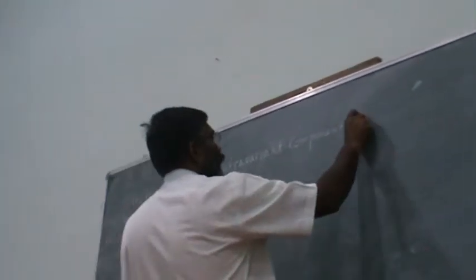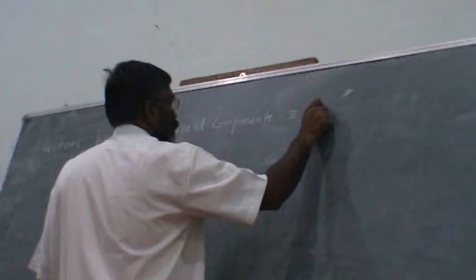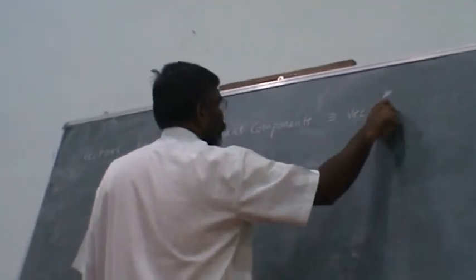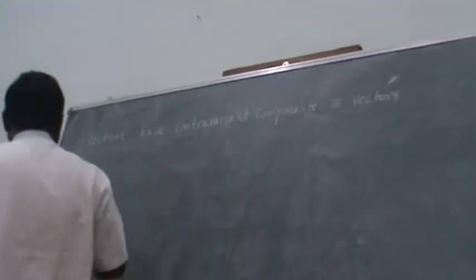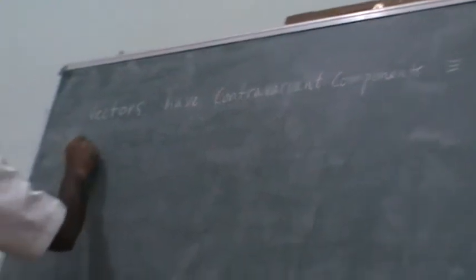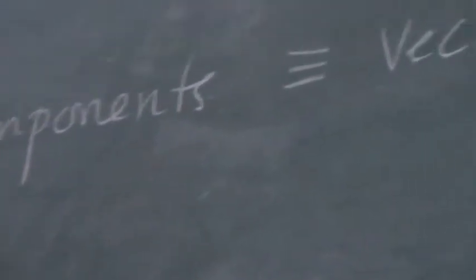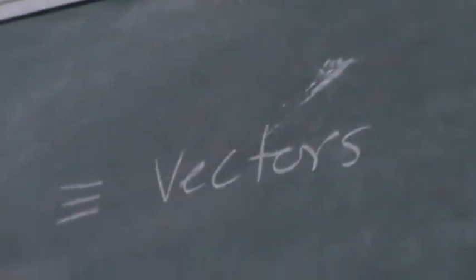Okay, so you simply have vectors. One forms have covariant components. So you can simply call them one forms.